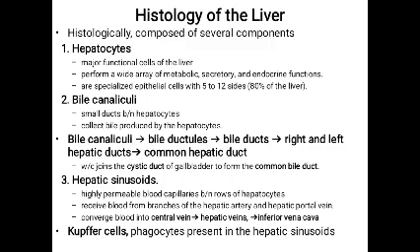Converge blood into central vein. Hepatic veins. Inferior vena cava. Kupffer cells: phagocytes present in the hepatic sinusoids.